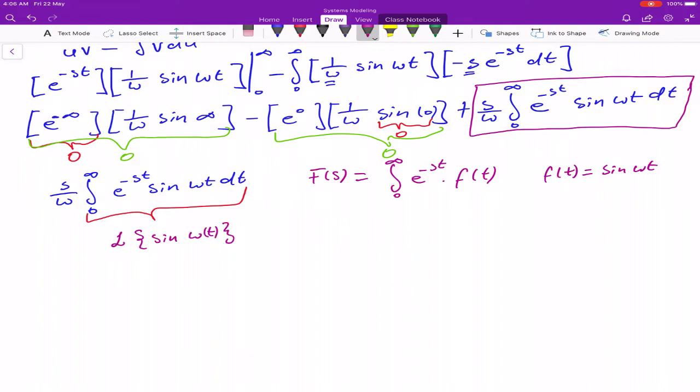Now, but we want the Laplace transform of cosine omega t. If we integrate this sine omega t by parts again, we are going to receive something that is very interesting. Let's just do that.